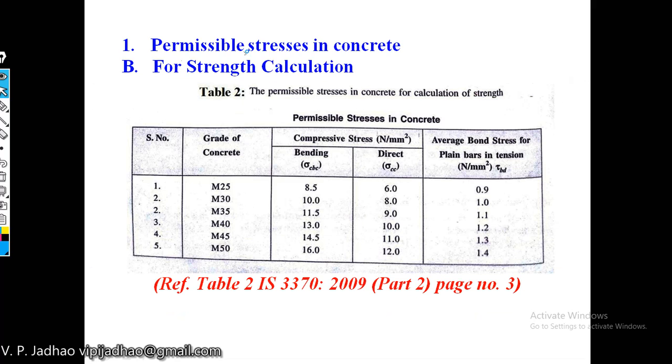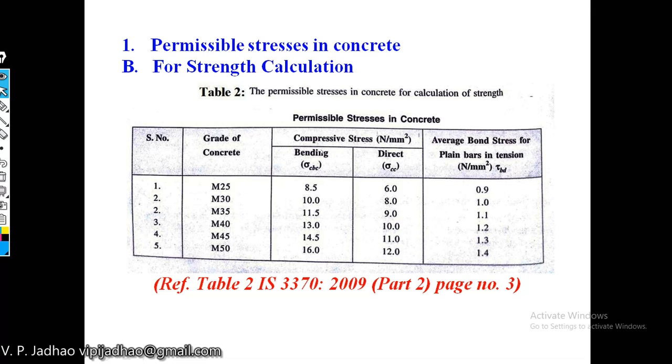Then the permissible stresses in concrete from the strength calculation point of view. This is the table given in IS 3370 2009 at page number 3. We are given values for the grade of concrete, and based on that grade of concrete, values of sigma CBC, sigma CC and tau BD, that is the average bond stress.